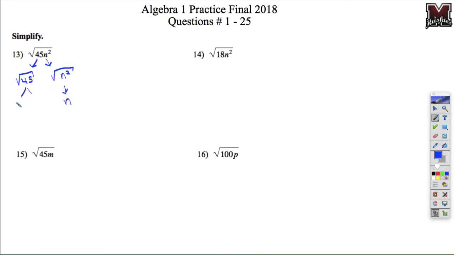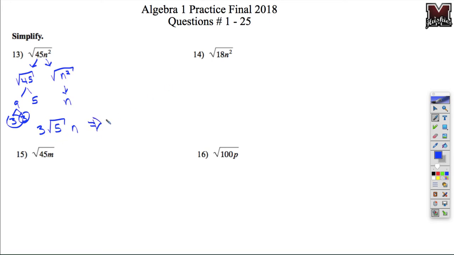It's going to be 9 and 5. 9 turns into 3 and 3. We have doubles, 3 and 3. So we're going to pull out a 3. 3 is not going to be under a square root, but the 5, there's no double, so it has to stay inside the square root, unfortunately. And then we have this n just by itself. And again, I'm going to put that n next to the 3 just to group things together.